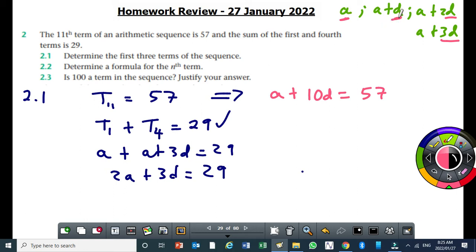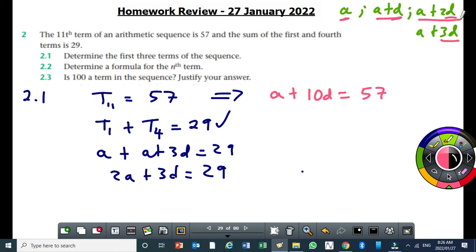Here, n is equal to 2. How many D's do we have? 1. You look at the third term, n is 3. How many D's do we have? 2. So T11 means n is equal to 11.